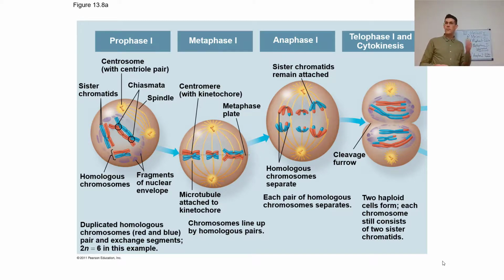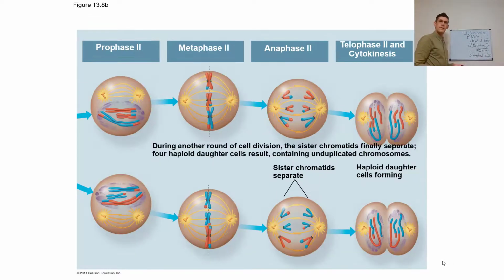In anaphase, you keep those sister chromatids attached and you separate the homologs, which will give rise to 2 haploid cells in telophase 1. So that's meiosis 1. We're making cells haploid, assorting the chromosomes independently, and there's some crossing over. Let's look at meiosis 2.